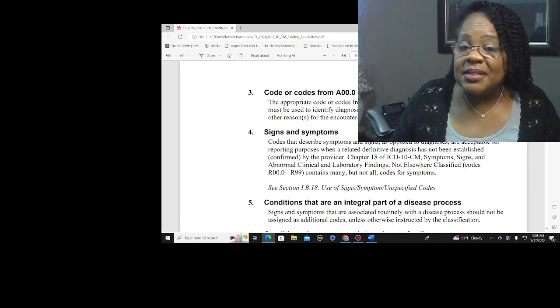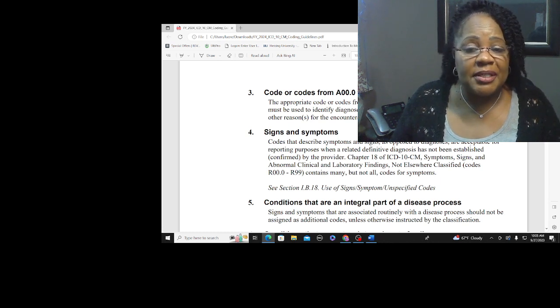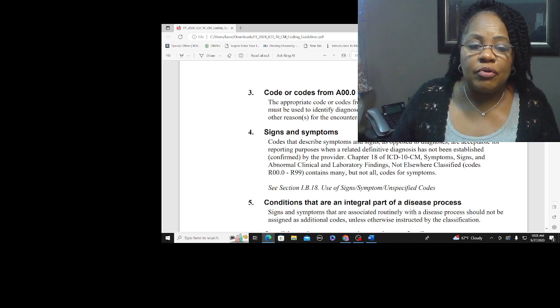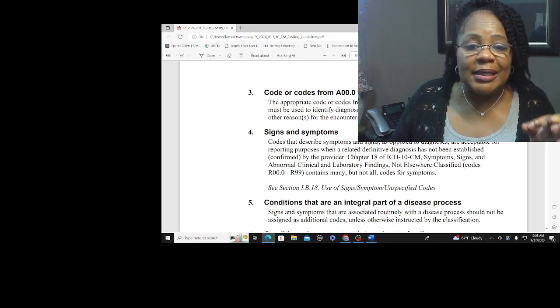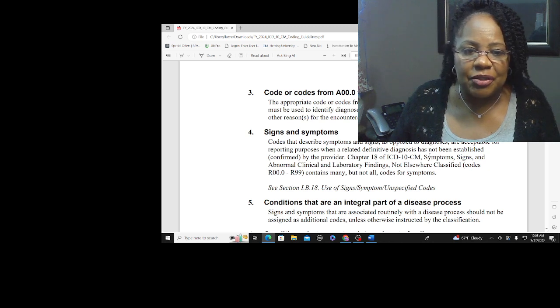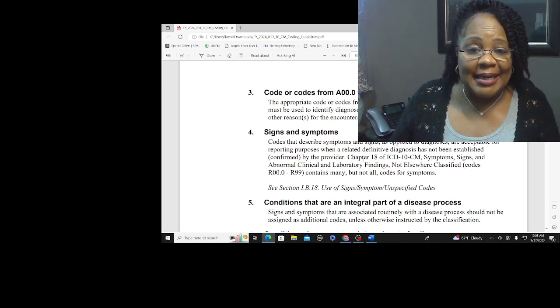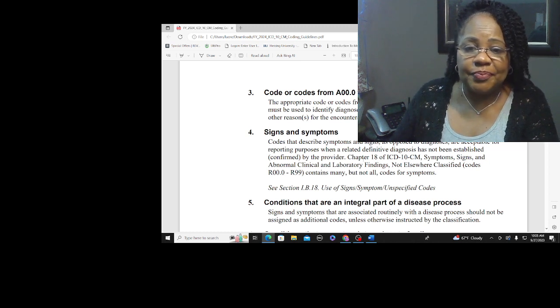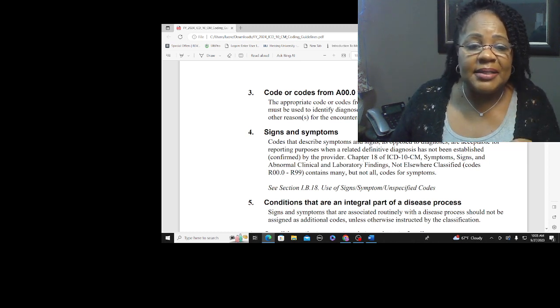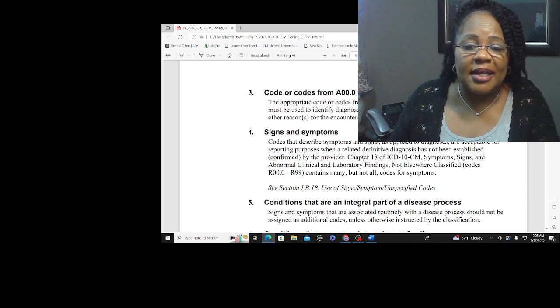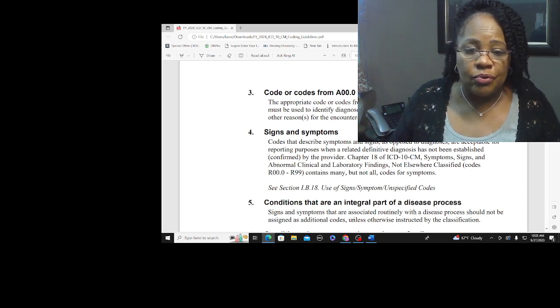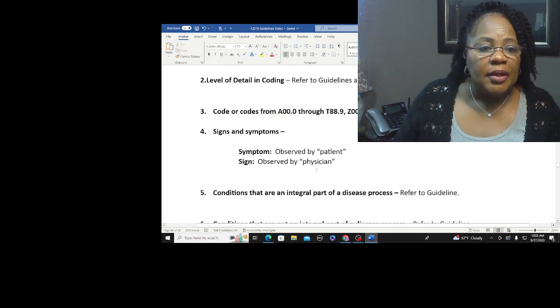Codes that describe symptoms and signs, as opposed to diagnoses, are acceptable for reporting purposes when a related definitive diagnosis has not been established or confirmed by the provider. And Chapter 18 of ICD-10-CM, Symptoms, signs, and abnormal clinical and laboratory findings not elsewhere classified, contains many, but not all, codes for symptoms.